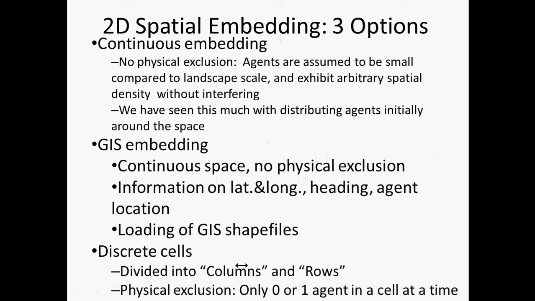Those were located in a discrete grid of cells where you'd have either a store or a home or an empty space. So they're divided into columns and rows. If anyone here is familiar with NetLogo, it has this notion of a patch, a set of patches, and this provides a somewhat similar environment.